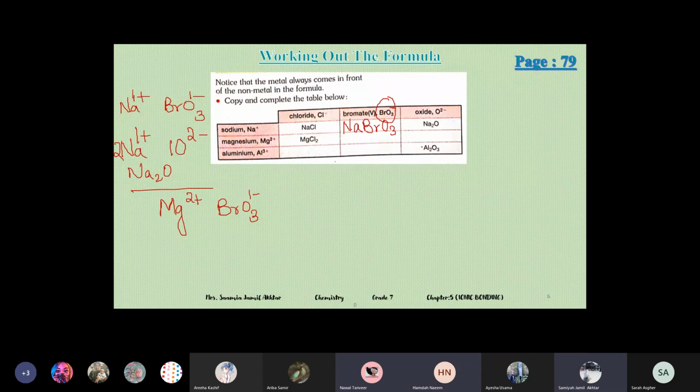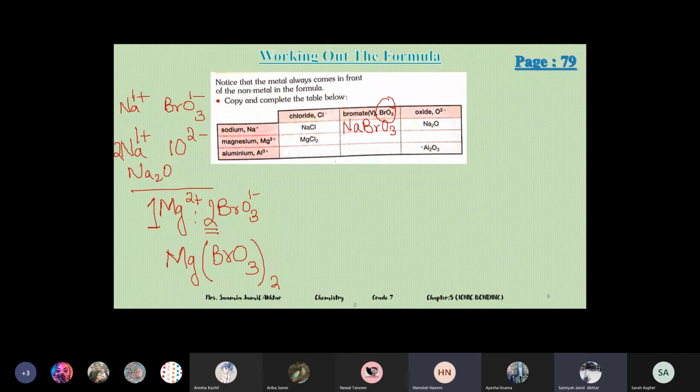How will we balance it? 1 with magnesium and 2 with bromate. So the formula will be Mg, no number with Mg because it's already 1, and bromate is a molecular ion, BrO3 in brackets. Very good.